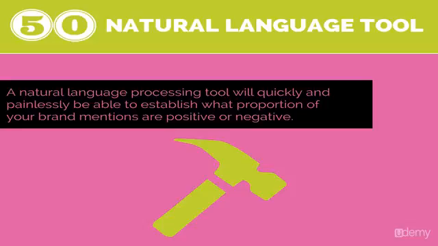By making an investment in a natural language processing tool, you'll quickly and painlessly be able to establish what proportion of your brand mentions are positive or negative. Industry leaders Radian6 and Sysomos have useful video walkthroughs on their websites to demonstrate how their platforms work.